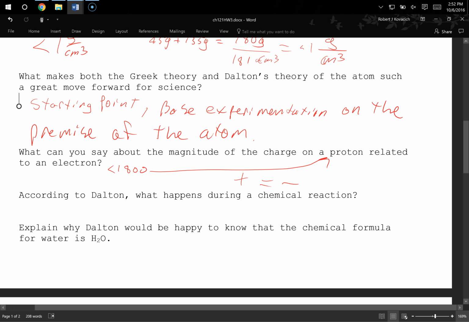Dalton, what's he say happens during a chemical reaction? Combined, separated, and rearranged. Super important, because once we realize this, we could understand that all I'm doing is rearranging the matter in the universe.